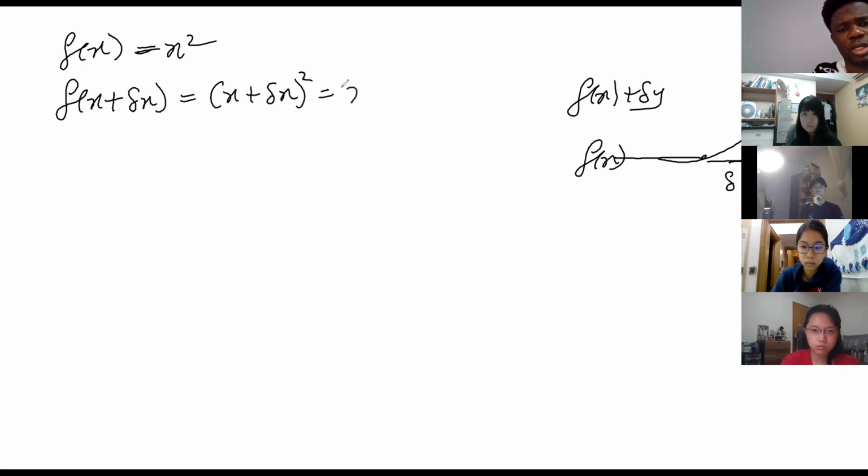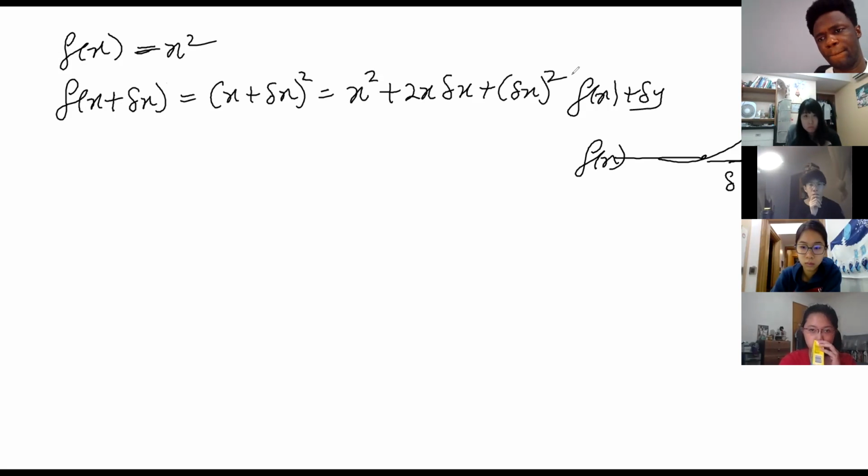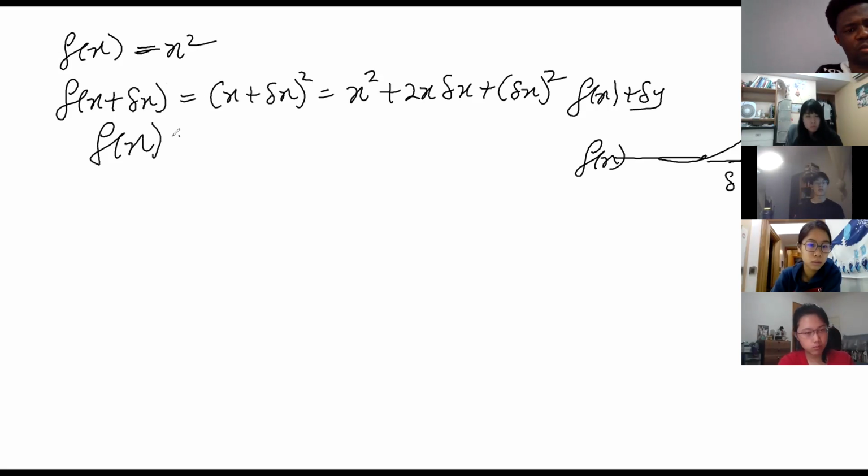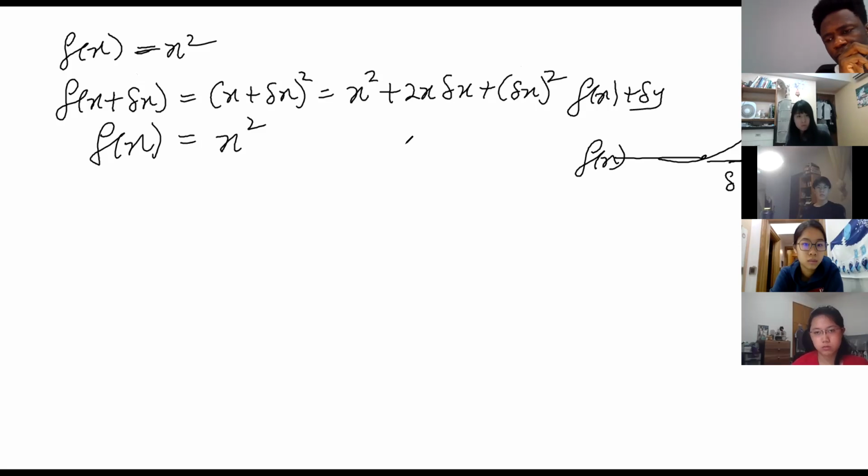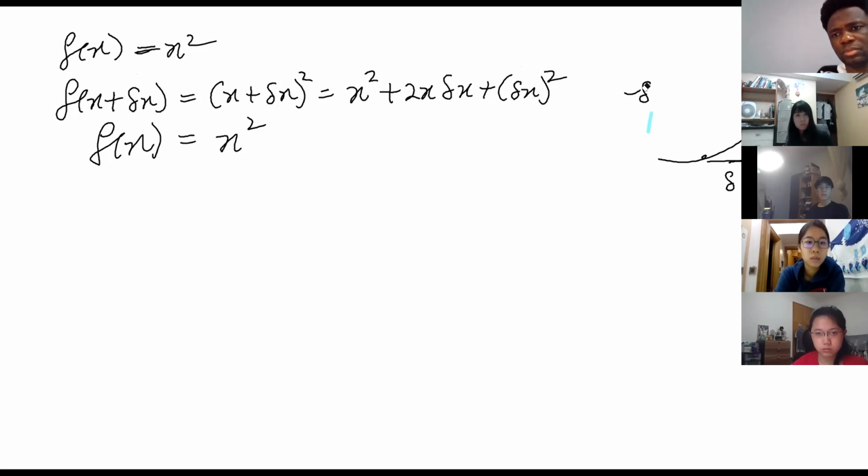So if I open this bracket, x squared plus 2x delta x plus delta x squared. Can you see that? Okay. And remember, I have my f of x also as x squared. So the difference between these two is the difference between these two. Agreed? Talk to me, please. Okay, it's like subtracting.